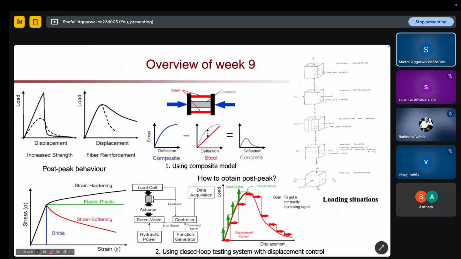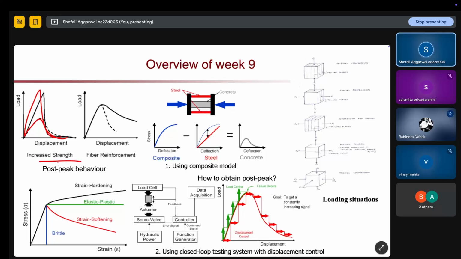So this is what post peak behavior is about. The lower strength concrete goes smoothly, and in higher strength concrete, once it reaches a peak, there is a sudden decrease in stress.